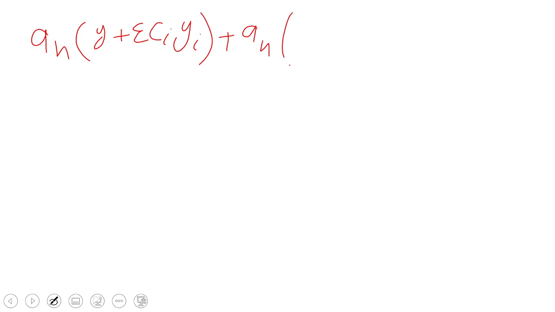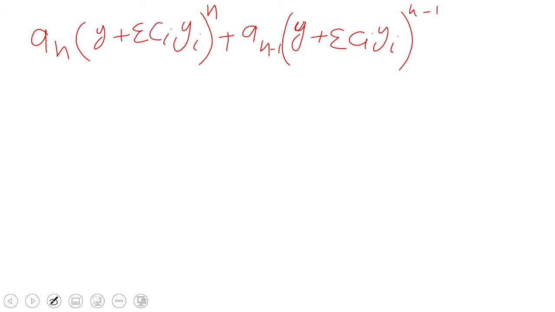So what is capital Y? Capital Y is small y plus epsilon ci yi. Plus a_n times the nth derivative of y plus epsilon ci yi, and then the (n minus 1)th derivative.